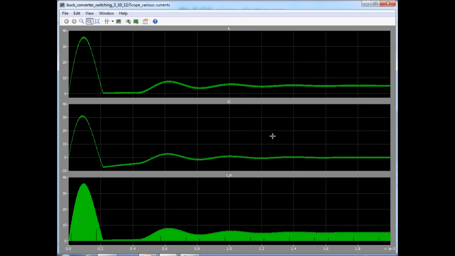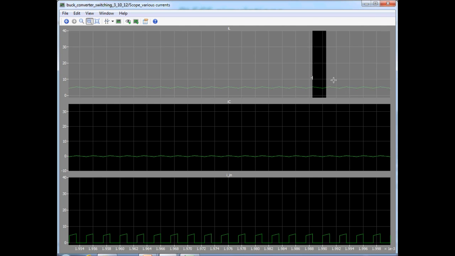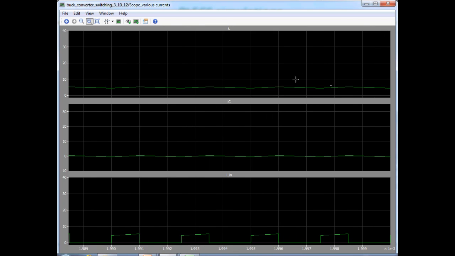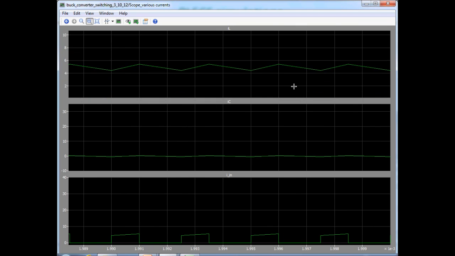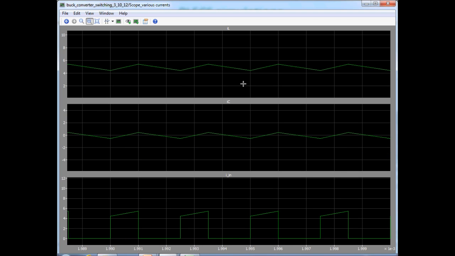Once again, let's look at just the final few switching periods. Maybe zoom in even further, and let's make the magnitude also zoomed in. Zoom in here, and same thing for here as well.